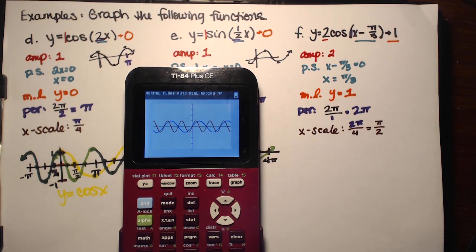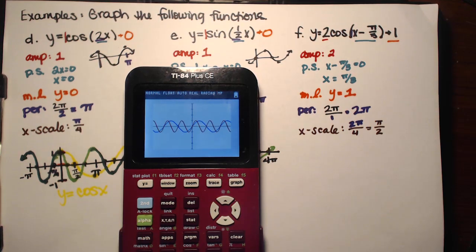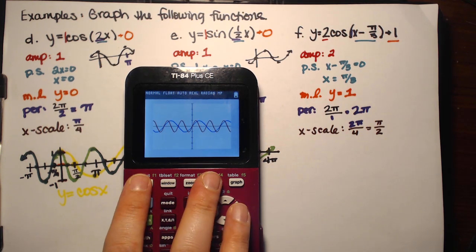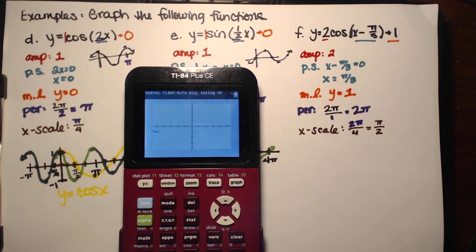So it just kind of gets squished in, it has more peaks and valleys over the same amount of x distance. So then if I change it to be 0.5, so 1/2, again, that's my normal function. And now it's more stretched out. So that's all that it's doing.